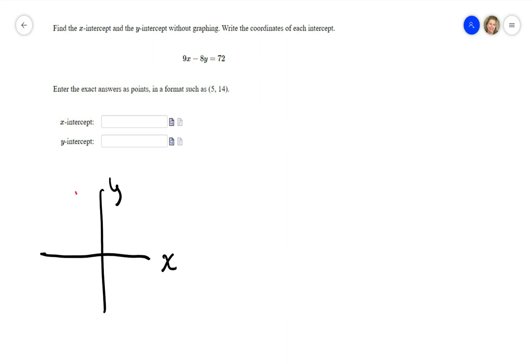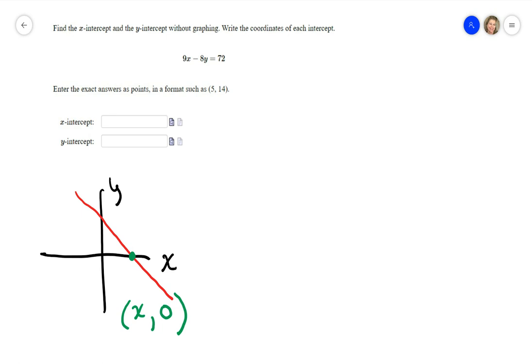And if you draw a line, it is going to cross the x-axis somewhere, and any point that is on the x-axis has coordinates of wherever it is on the x-axis, but y is 0.